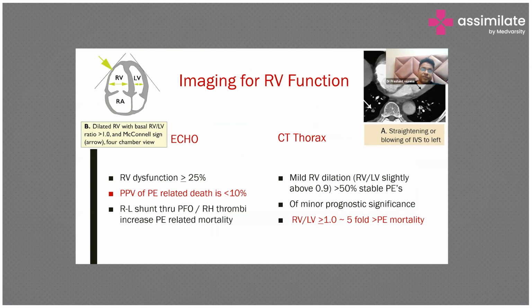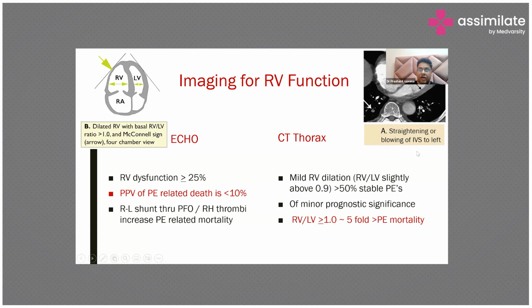Then coming to imaging, you can do an echo or a CT thorax. In the echo, the most important sign is the dilated RA-RV. In the CT thorax, as I told you, you can see the embolism, or if you're doing a CT, you can also look at the heart.